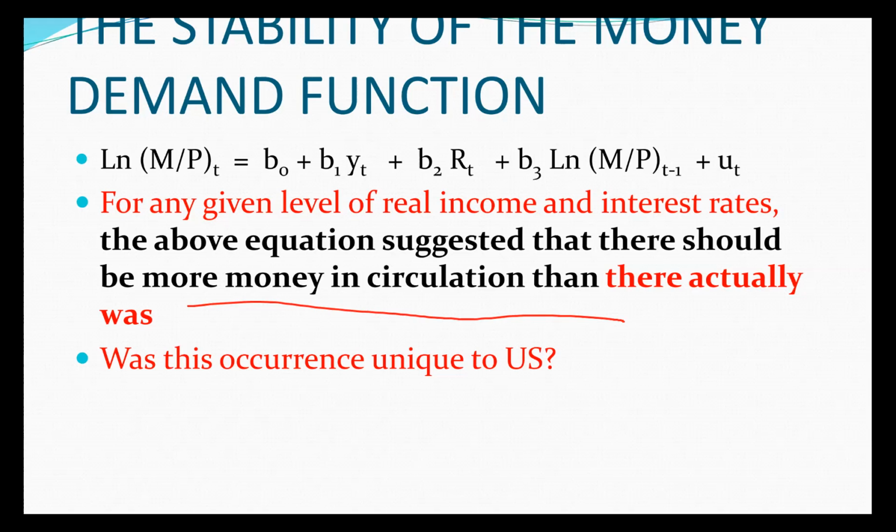Because of the multiplier effect, the money released into circulation has to increase with the passage of time. So for any given level of income and interest rate, the equation suggests that the circulation of money should always increase. We should have more than what we actually had.